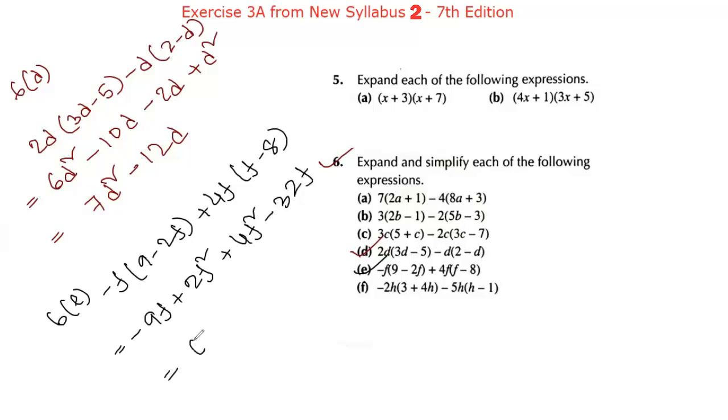So 4 plus 2, that will be 6F squared, minus 9 minus 32 will be minus 41F. And this is the solution of 6E.